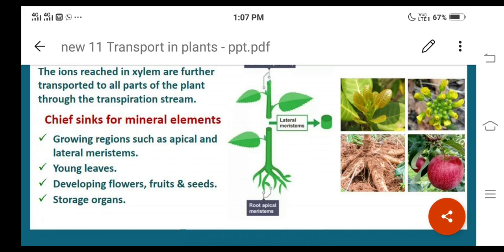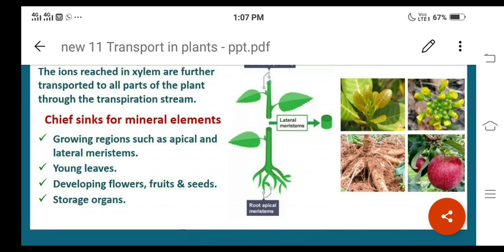Apical meristem is the meristematic tissue which is present at the extreme tip of the plant body. So we can mention it as the root apical meristem as well as the shoot apical meristem. And lateral meristem means the meristematic tissue which is present in the lateral position of the plant body, so we call it the lateral meristem. Already we have studied all these concepts in the plant anatomy part, right?